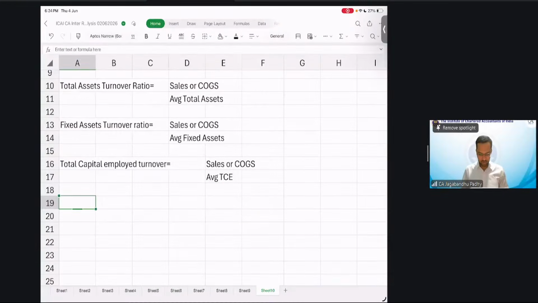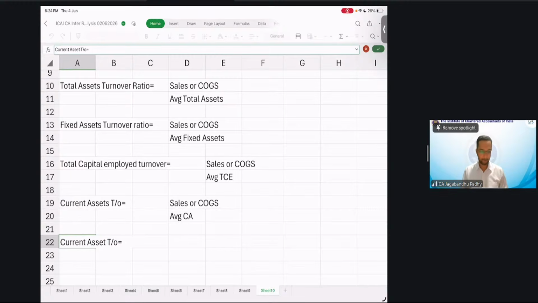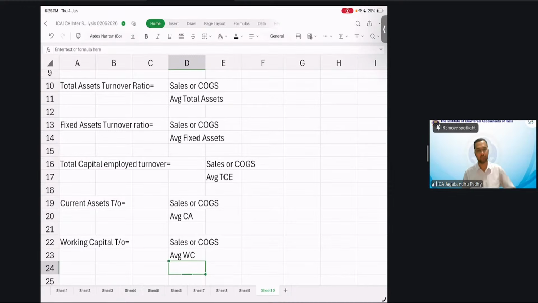Same way, if you want to say how effectively you are utilizing current assets, the current assets turnover is also the same: sales or COGS upon average current assets. So if I ask you what will be the working capital turnover, it is sales or COGS divided by average working capital, right?